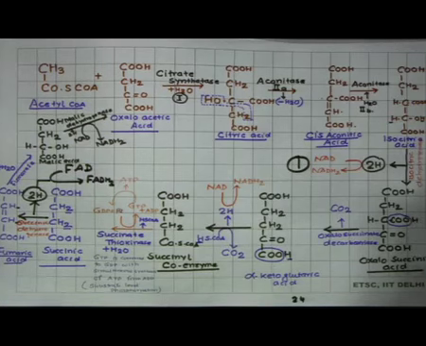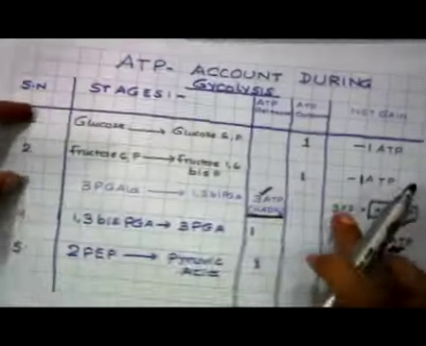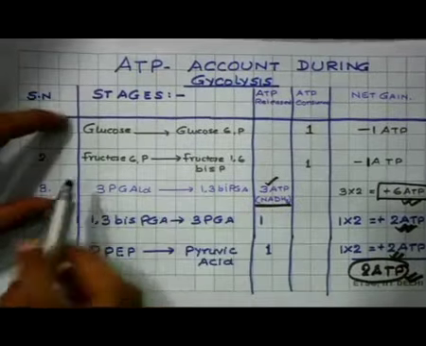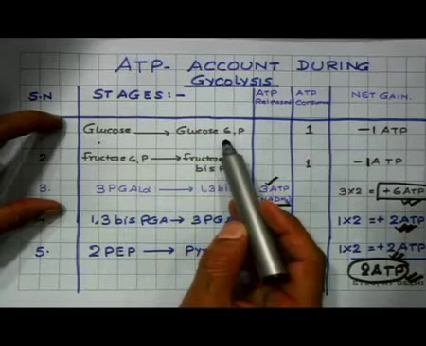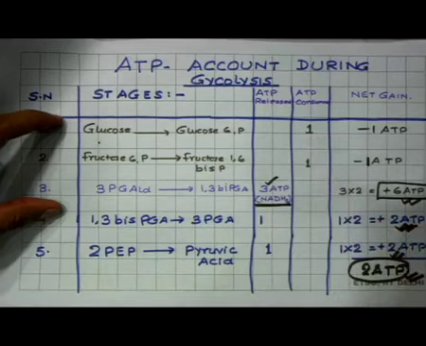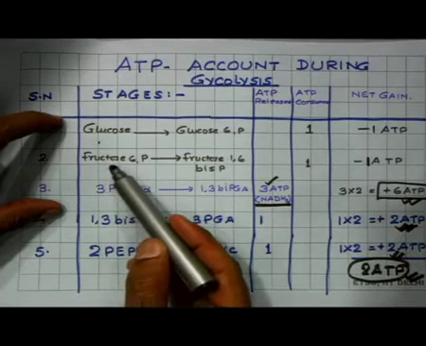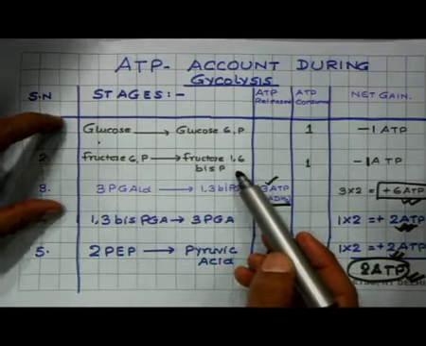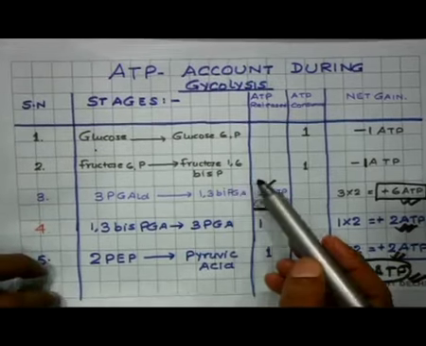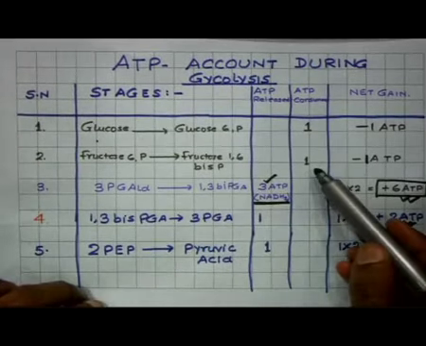So, when we summarize the steps where ATP is formed, we have already discussed in ATP formation, in glycolysis glucose is converted into glucose 6 phosphate, 1 ATP is consumed. When fructose 6 phosphate is converted into fructose 1,6 bisphosphate, 1 ATP is consumed.